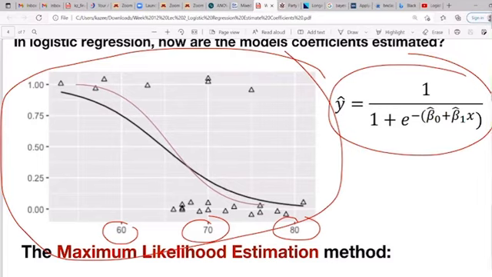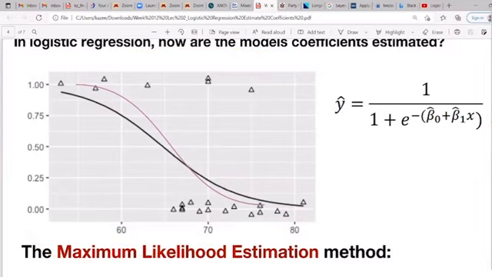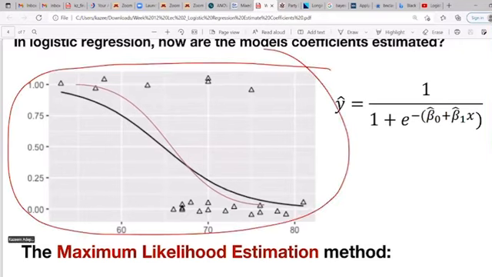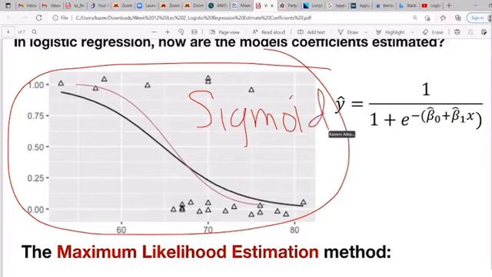What I'm trying to show you here is the probability of the response plotted against the predictor. And as you can see in the picture, you don't see a straight line, you see a sigmoid. That's a sigmoid shape.